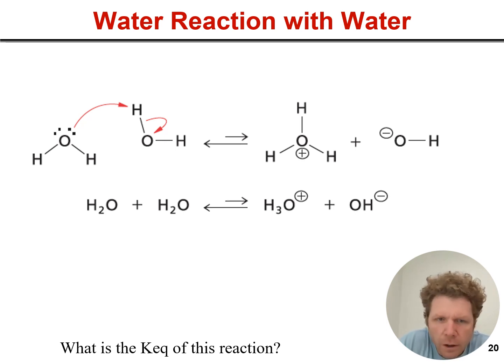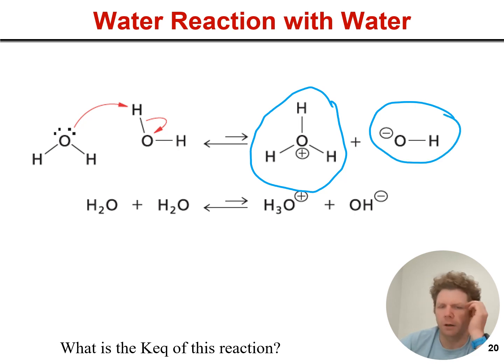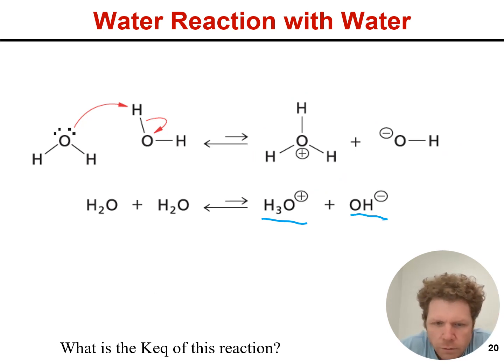And if you remember, this is sometimes referred to as the autoionization of water. So if we have water molecule 1 reacting with water molecule 2 to form this and this, our products, H3O+ and OH-. Now one thing that I want you to think about is this water molecule number 1. What is it doing?